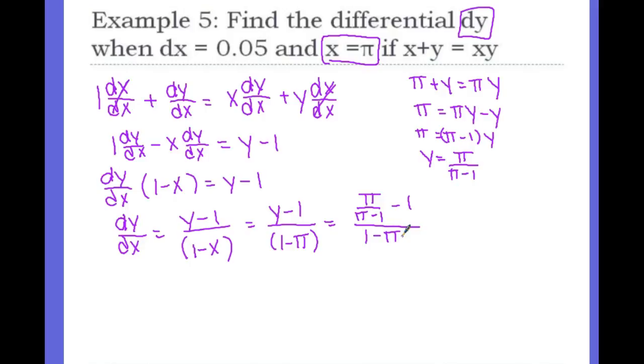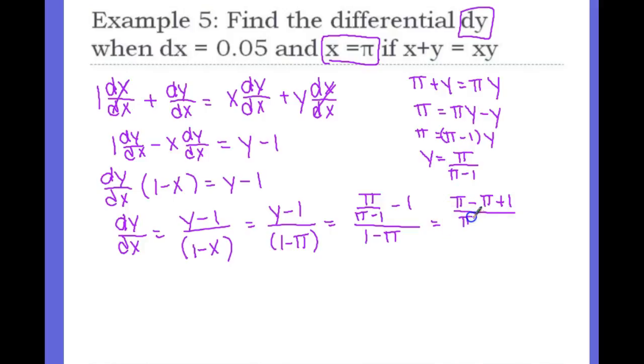This right here represents the slope of the tangent line. This represents the total change in y over the total change in x. So I could clean this up algebraically. So I'd have pi minus pi plus 1. I got a common denominator here, so I multiplied this by pi minus 1 and distributed my negative.